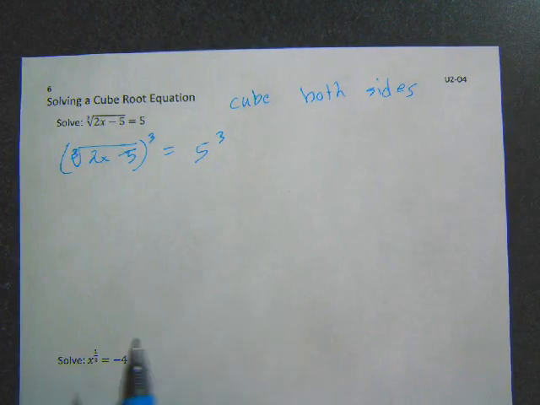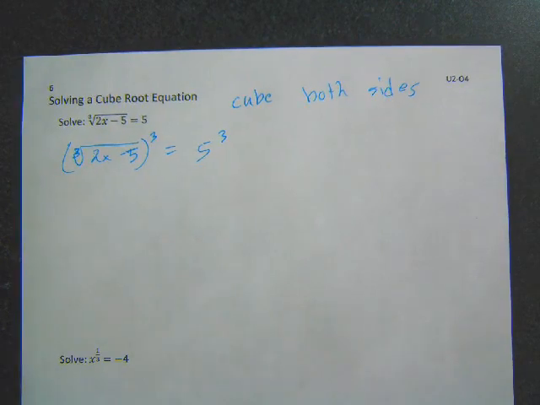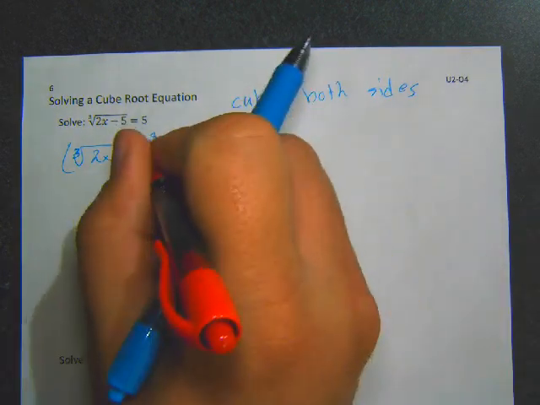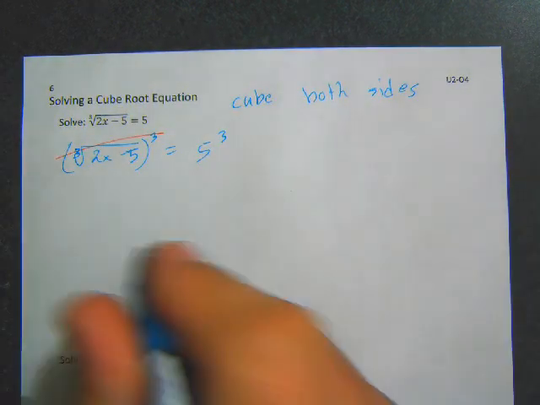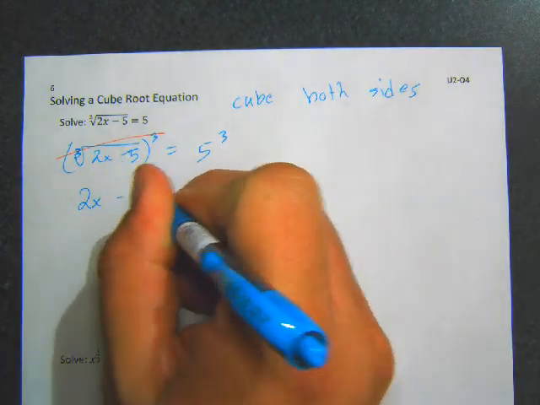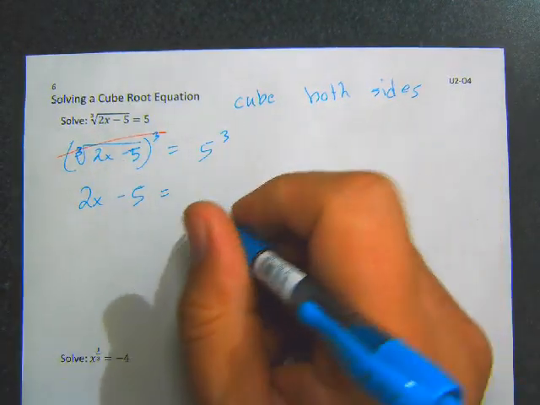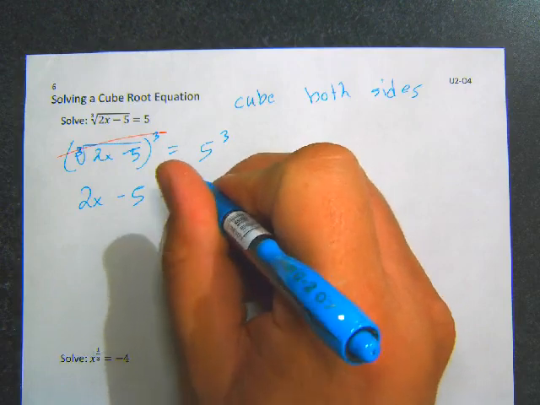Fairly similar to what we've been doing. And this expands. If you have a fourth root, it has a 4 there instead of a 3, you take the fourth power of both sides. If you have a fifth root, you do the fifth power of both sides, and so forth. So cube root, cube both sides, the opposite of that cube root. So 2x minus 5 equals 5 cubed, which is 5 times 5 is 25, times 5 gives you 125.